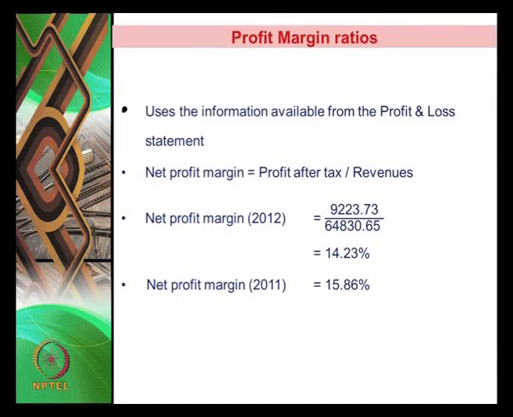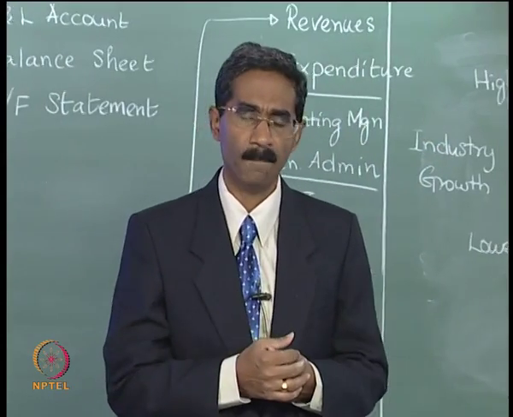So essentially this indicates for every rupee of sale, for every rupee of revenue that the company makes, how much profit is the company able to make after taking into account all the expenditures, after taking into account the interest payments, after taking into account the tax and so on.